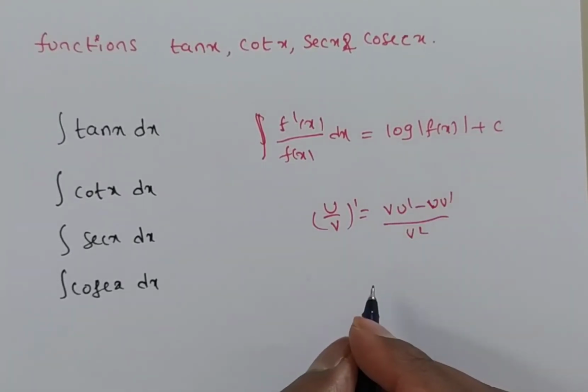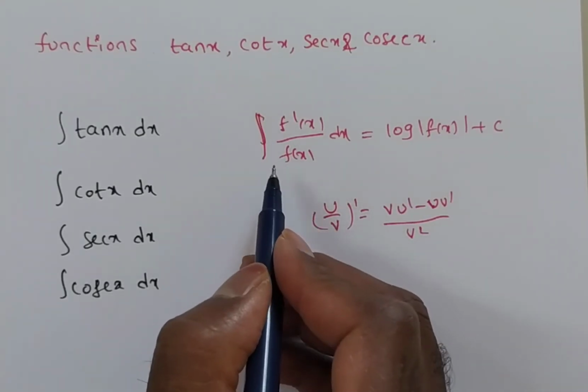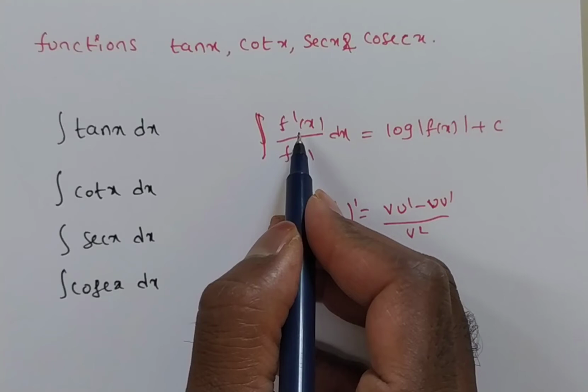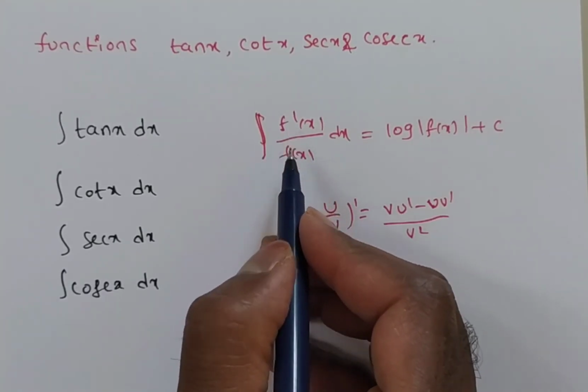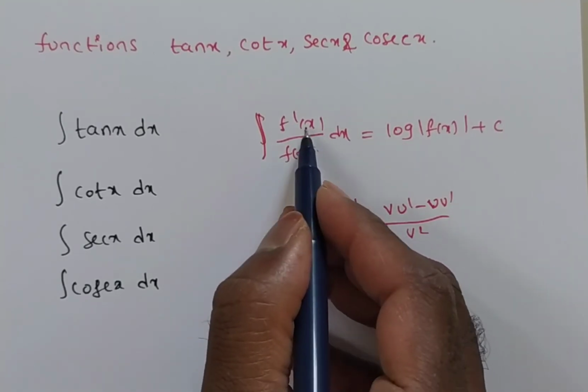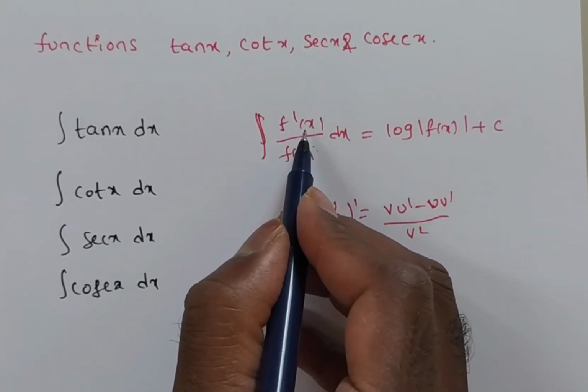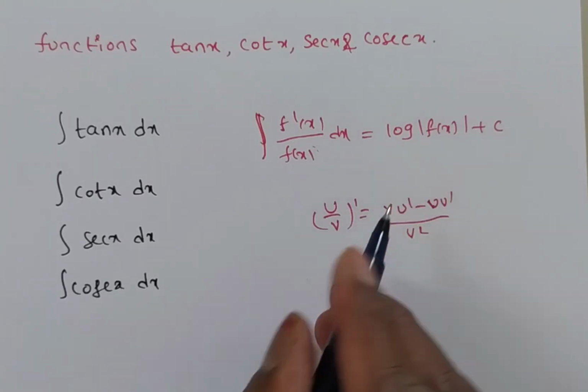But in integration we won't have the direct formula. So if it is possible, verify whether the given function contains a rational fraction, that is like f dash of x by f of x form, nothing but the denominator derivative in the numerator. If the denominator derivative is in the numerator, then you write log of denominator plus c.